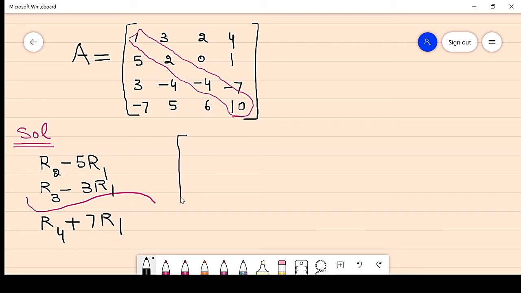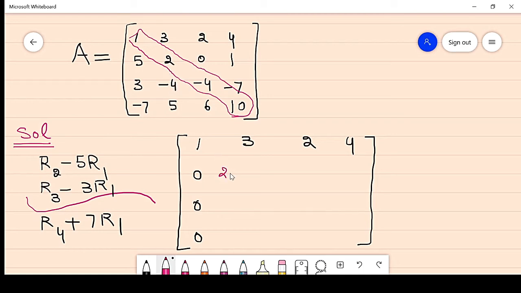So the first row stays the same, 1 3 2 4, and the rest start with 0. The second row is 2 minus 15, 0 minus 10, 1 minus 20.